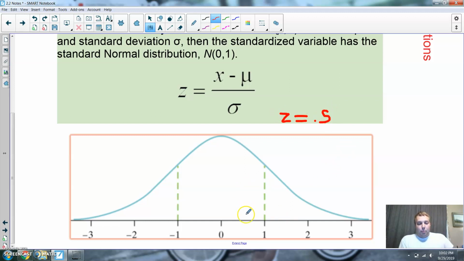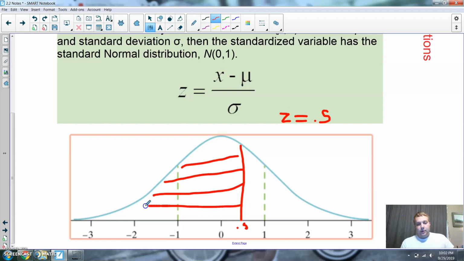A 0.5 would be right here at this marker, right about there. That's at 0.5. How many people did I beat? What is my percentile rank at 0.5 with a z-score of 0.5?